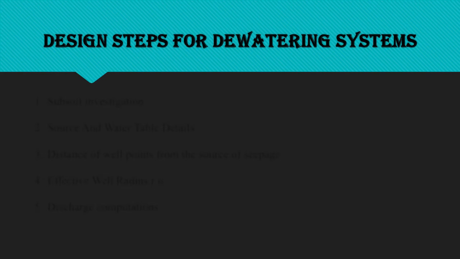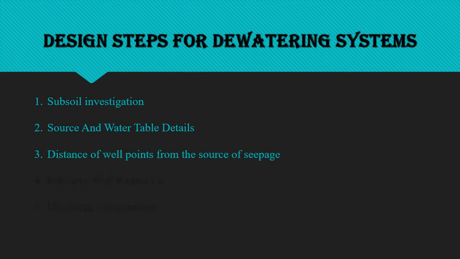The important steps in designing a dewatering system are presented below. First one, subsoil investigation. Second one, source and water table details. Third one, distance of well points from the source of seepage. Fourth one, effective well radius, which is r_w, and fifth, the discharge computations.